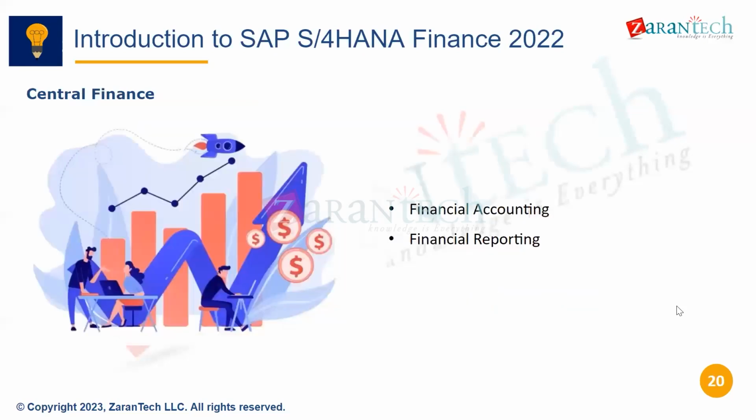And central finance, which helps for the financial accounting, financial reporting. One advantage is for companies which are having multiple systems. Usually some companies may have separate platforms, separate SAP applications for their businesses or for their regions. ASPAC, one system, EMEA and US, separate systems like this.